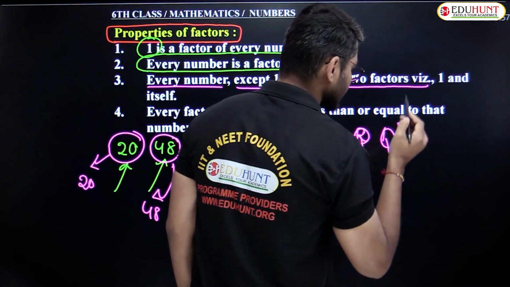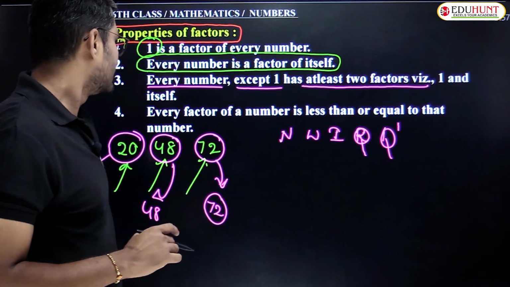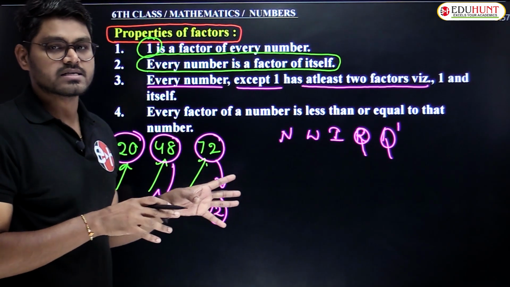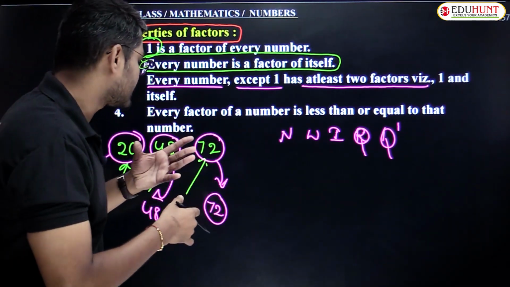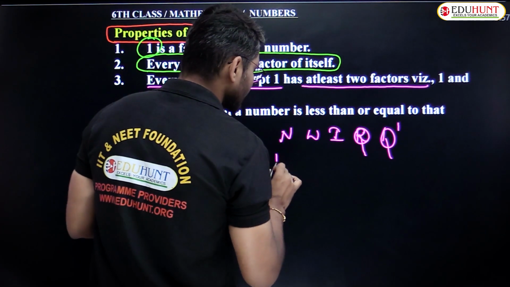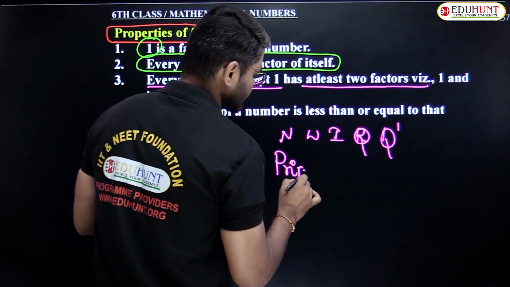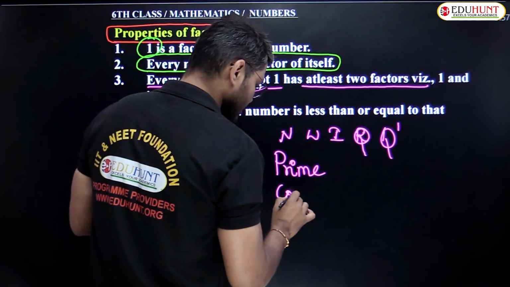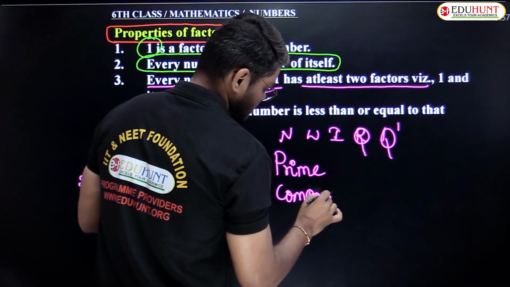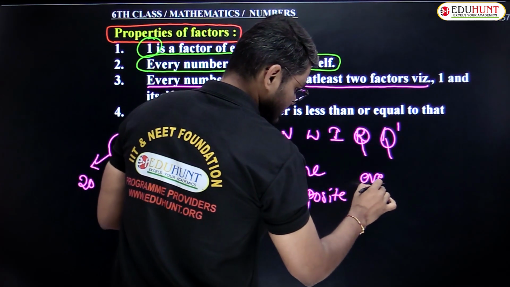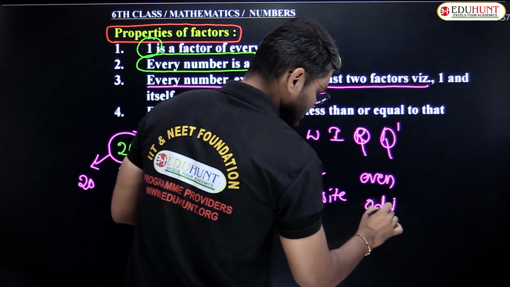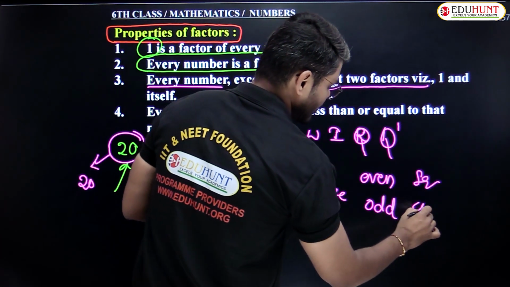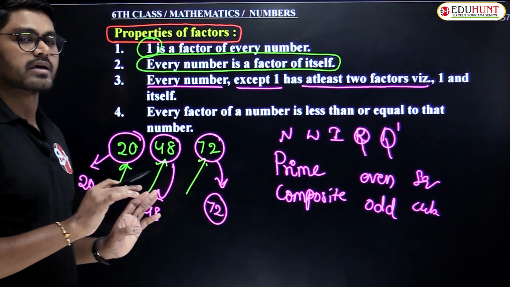And along with these, some others are there. Those are prime numbers, composite numbers, even numbers, odd numbers, square numbers, cube numbers.